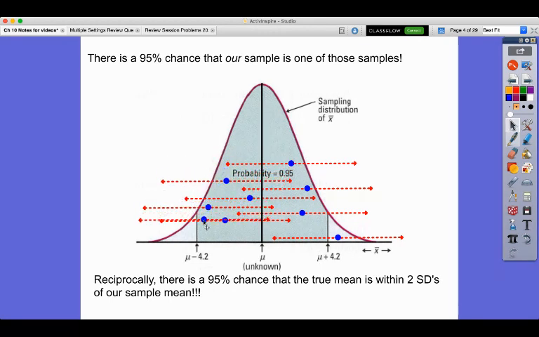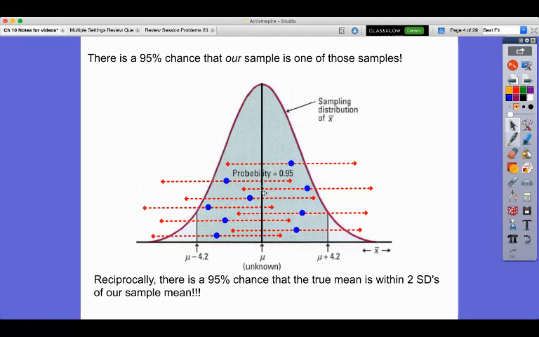It's only when I get out past this line, more than 2 standard deviations away, that looking 2 standard deviations to the right is not far enough to capture it. So whenever my x bar is in here, which happens in 95% of all samples, my interval going 2 standard deviations to the left and right will capture mu.